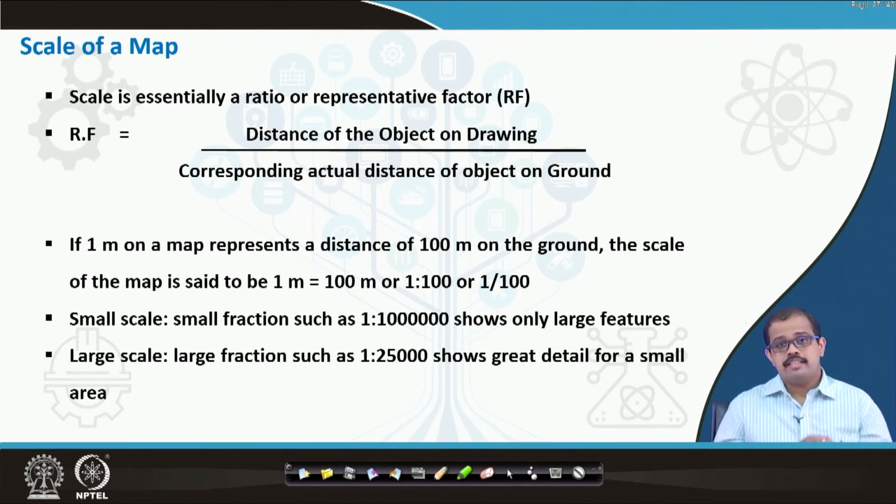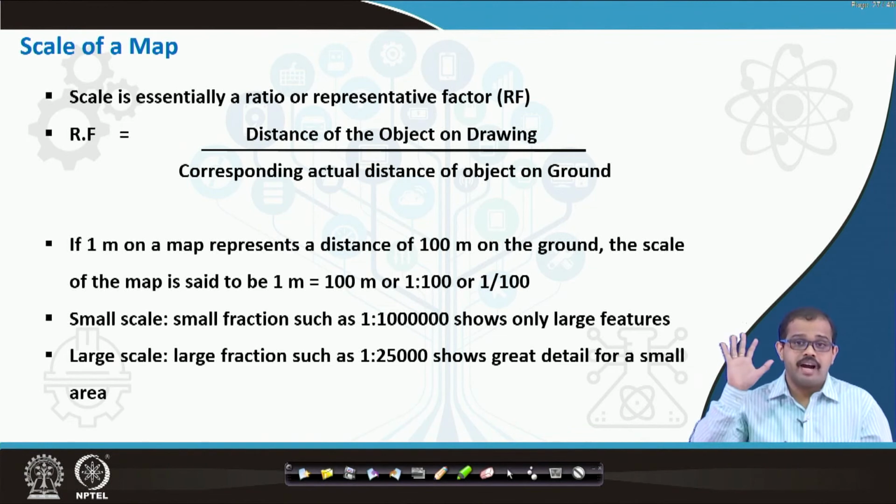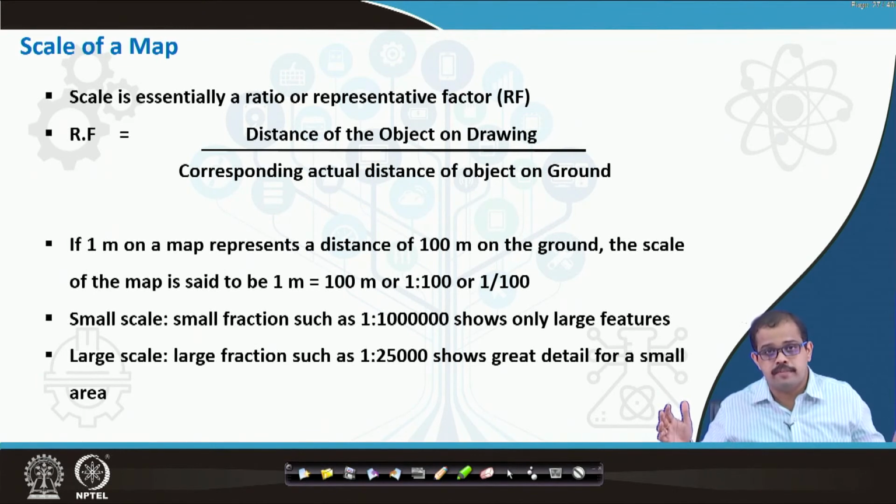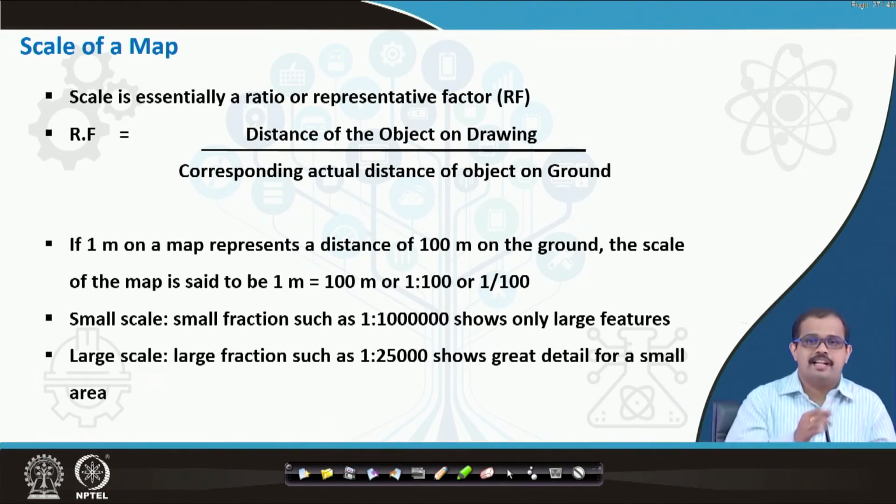Okay, there is one very basic thing that people don't understand, which is a small scale and a large scale map. Small fractions such as 1 is to 1 million show only large features. Okay, then it is called a small scale map. Large fractions such as 1 is to 25,000, 10,000, 5,000, if there is a map of 1 is to 5,000, it shows greater details of information, then it is called a large scale map.